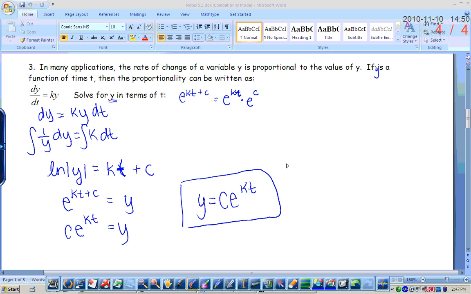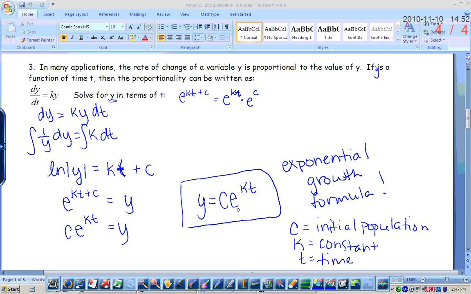And that, my friends, is your exponential growth formula. And we use that quite a bit, and you've used it in Algebra 2 and in pre-calculus. It's just we said this is the formula that you have to use. But now that we know calculus, we can actually derive it from the situation. So anyway, this is used anytime the rate of change is proportional to the value of y.